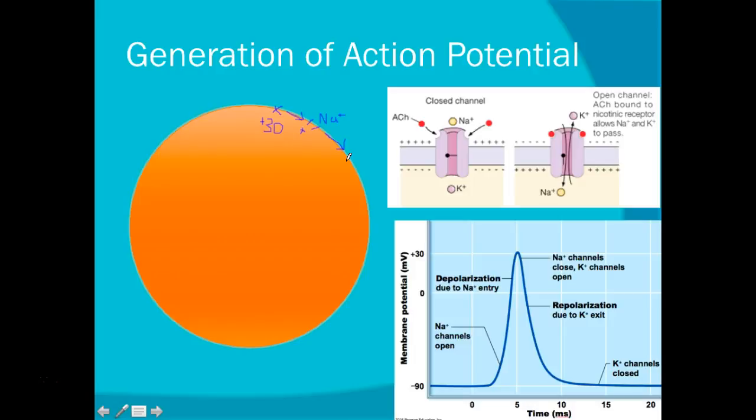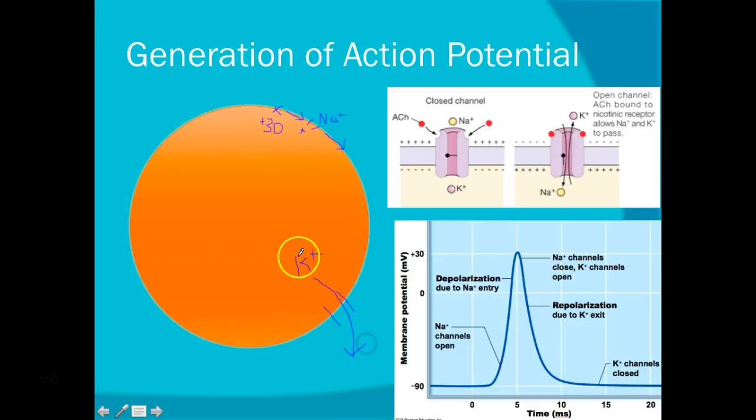Now let's get back to what happens after the action potential and these sodium channels close. So now our sodium isn't allowed into the cell anymore, making it more positive, and our potassium that is found inside of the cell is going to start flowing out.